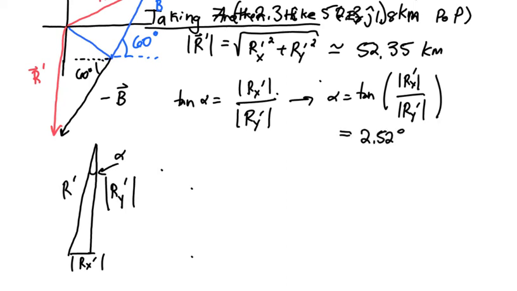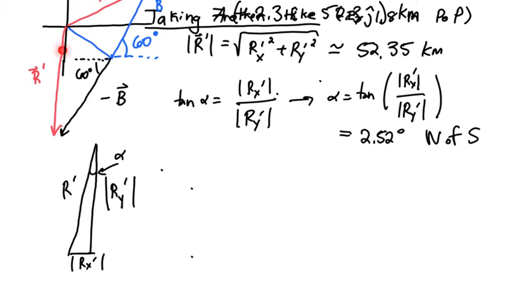That's good, but it doesn't really relate back to the original diagram. This is the southern direction, and that's the western direction. The angle is moving from the southern to the western direction. So this angle is 2.52 degrees west of south, and that tells me what it is relative to the original.